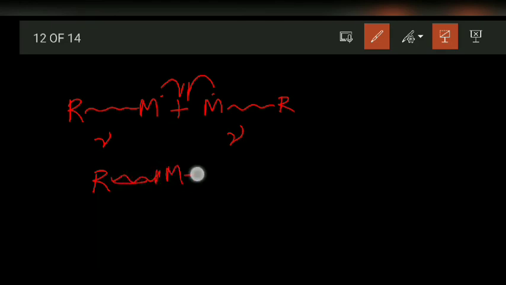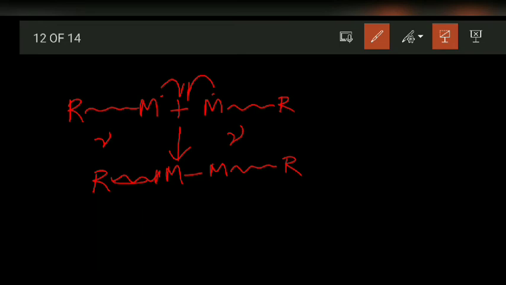When these two collide with each other and couple, they give a dead chain like this, and the chain length gets doubled.